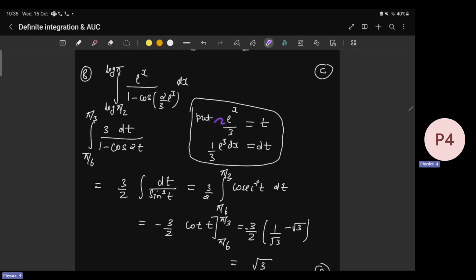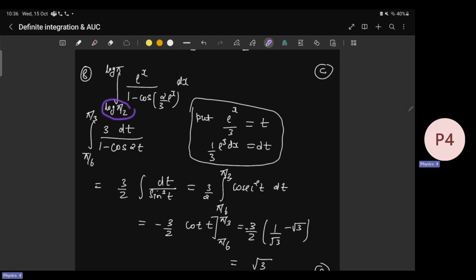Now substitute these in the given integration. This is 1 minus cos 2t, and in the numerator e to the power x dx is 3 dt. So this is 3 dt upon 1 minus cos 2t. We will change the limits.